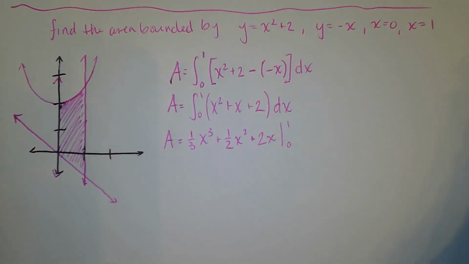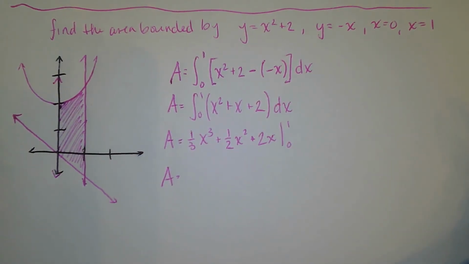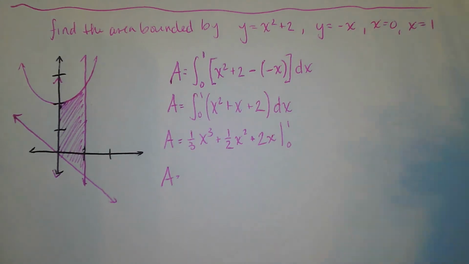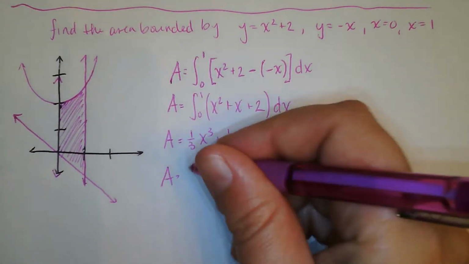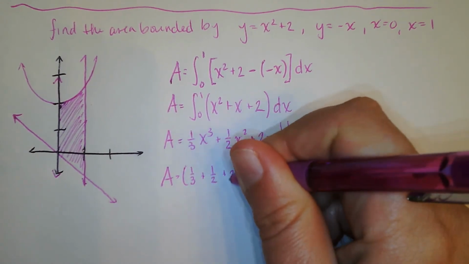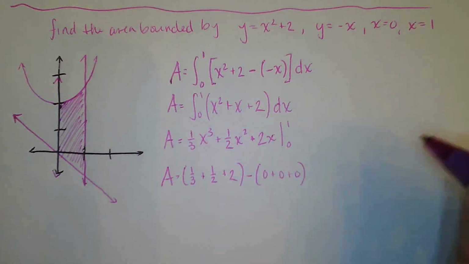And now all we do is plug in our values. So you see that this is definitely not a difficult concept. If you can integrate and find the area under one curve, then getting the area between two curves is not too bad. So plug in 1. We're going to get 1/3 plus 1/2 plus 2, minus 0 plus 0 plus 0.